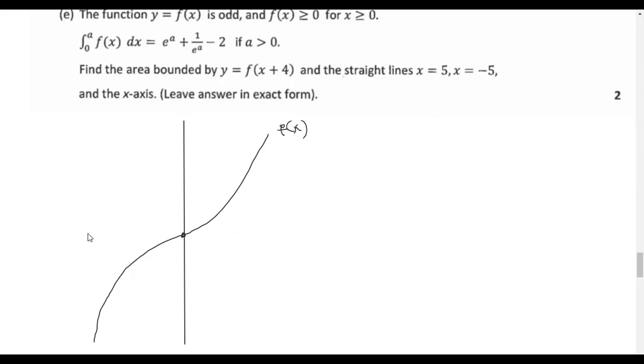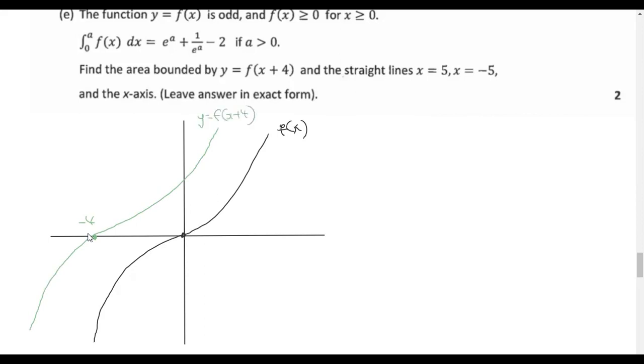It's just your curve sketching transformations. So you'll have negative 4, and you'll have something that looks like this. So this is y equals f of x plus 4.